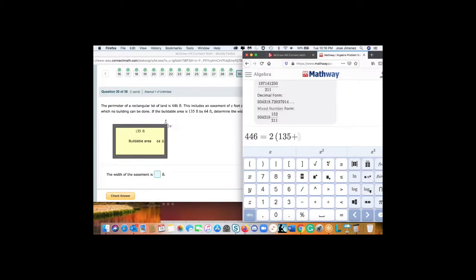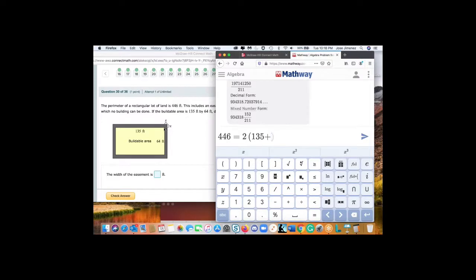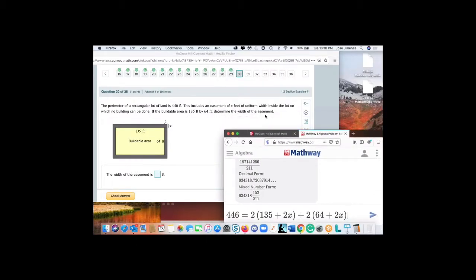That's the width of the easement. You see the small section is x, and we have on both sides of the length a small section here, so we say 2x plus parentheses, then we say plus 2 times the width, but the width is 64, and then we have 2 small spaces with 2x also, and that's what we're looking for, the x value, which is the easement, the outside border that is not built.